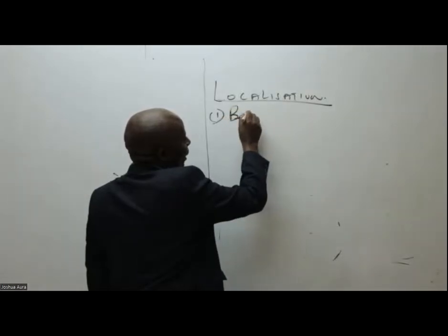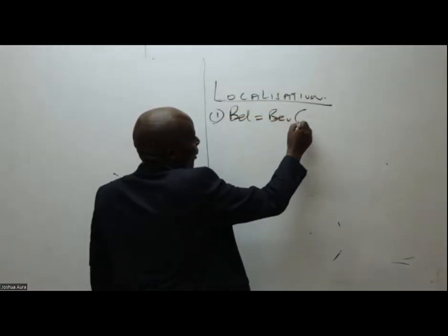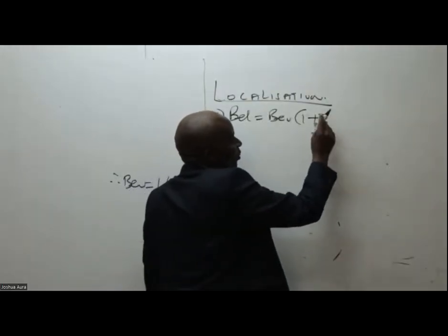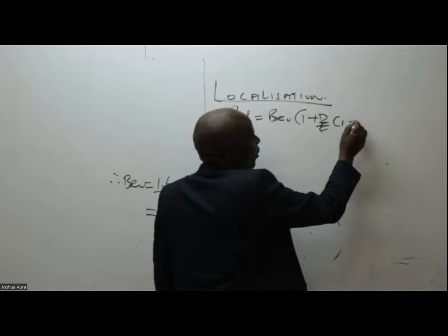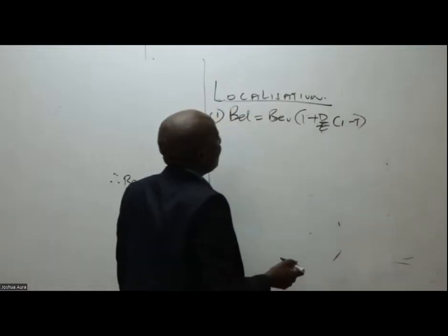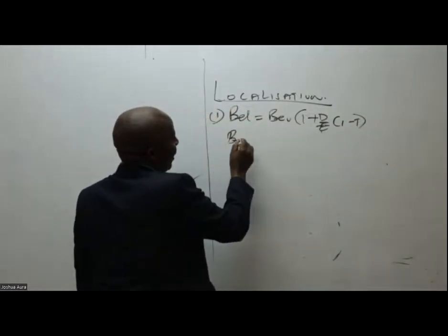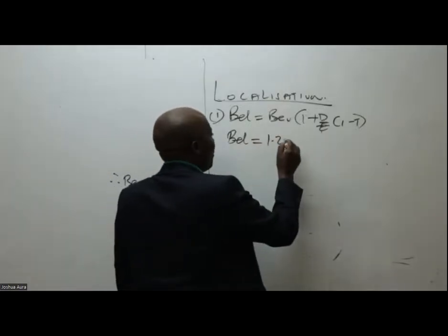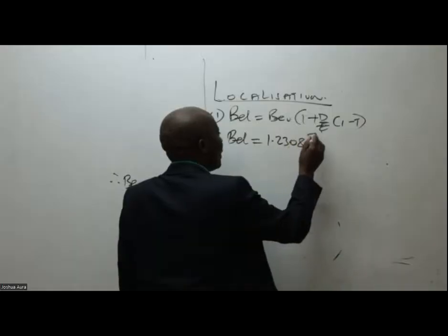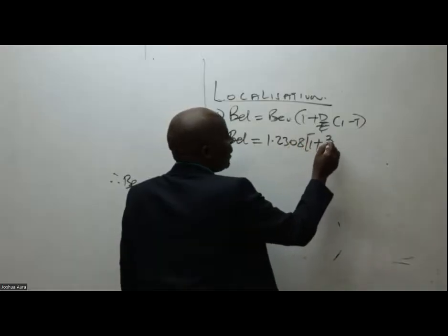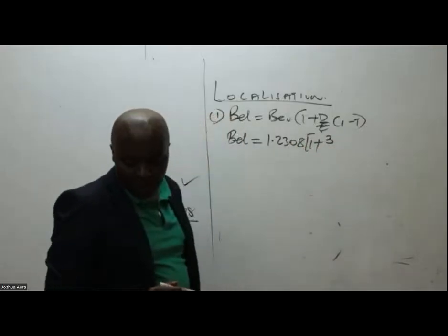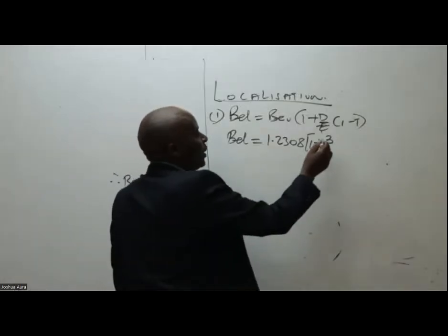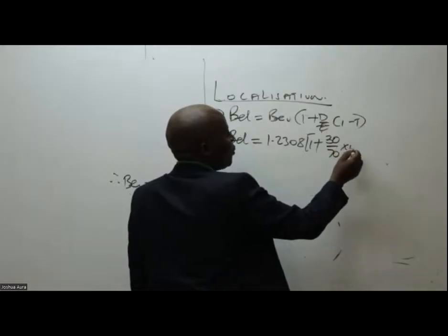So BEL should be equal to BEU into 1 plus debt over equity into 1 minus T. So my BEL here will be equal to BEU, 1.2308, into 1 plus debt 30, 70 equity, and then 0.7.